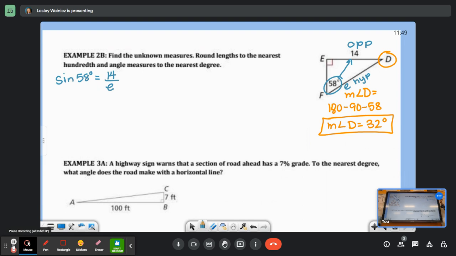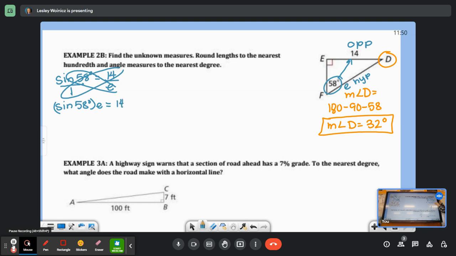What we need to remember is that we want to get that variable up in the numerator so that we can solve for it. Remember that there's a 1 under the sine of 58, so we can cross multiply. So we have sine of 58 degrees times E equals 14.